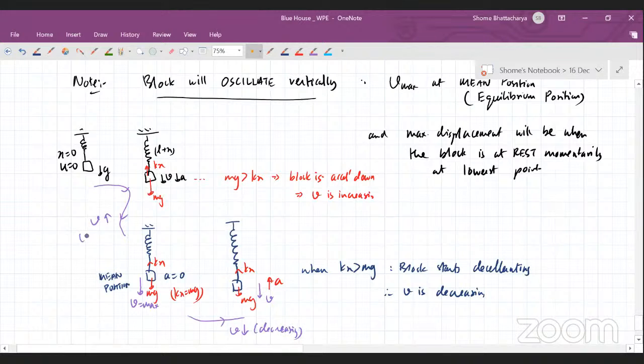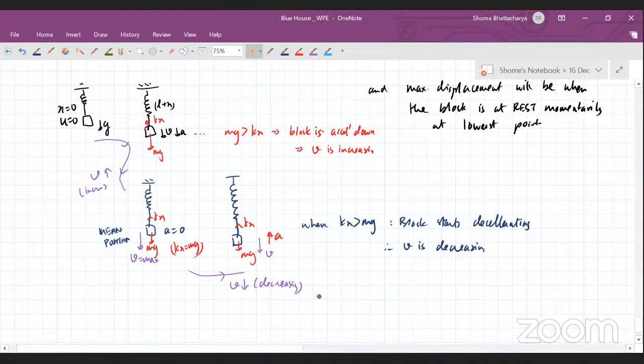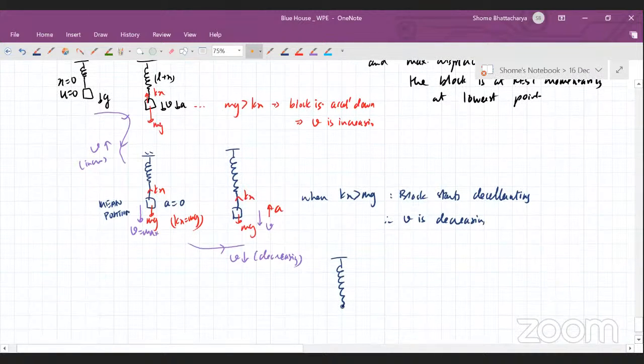Okay, here speed is increasing. Okay. And like that, this continues till you reach that lowest point, where momentarily what happens, your speed becomes 0. But you have a strong upward acceleration.